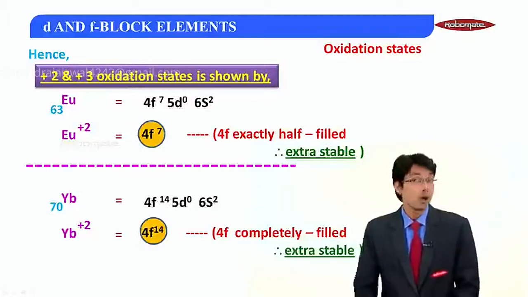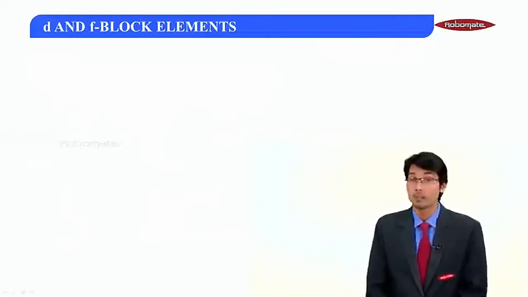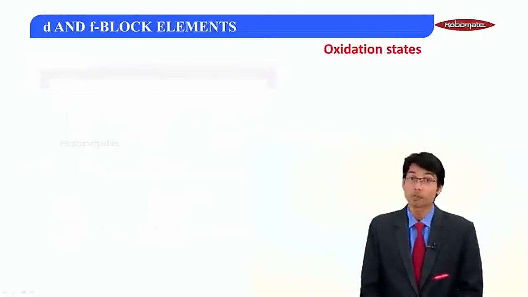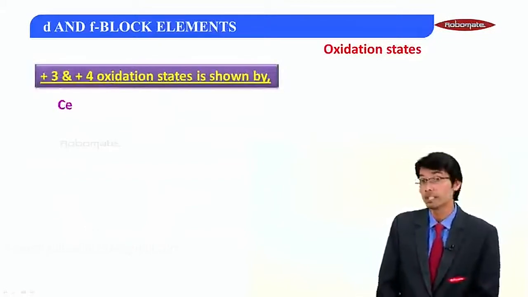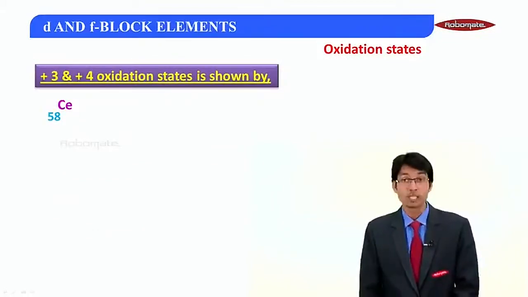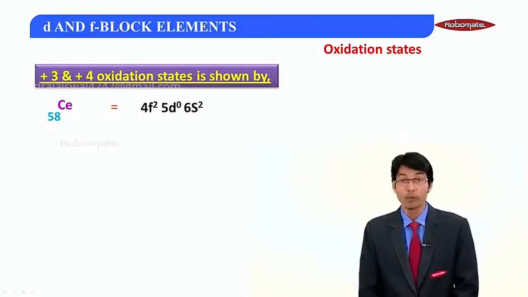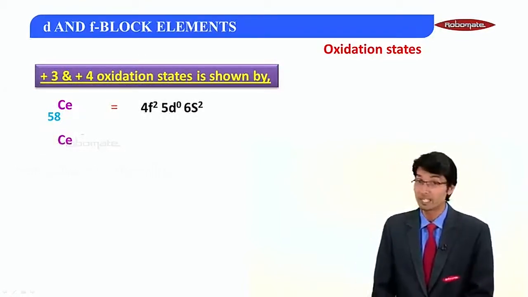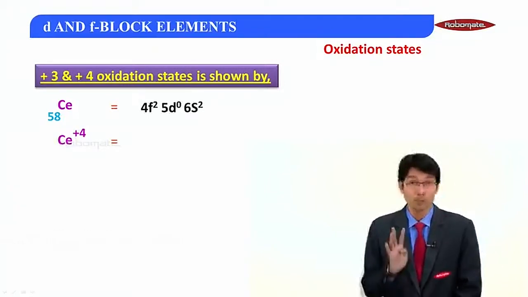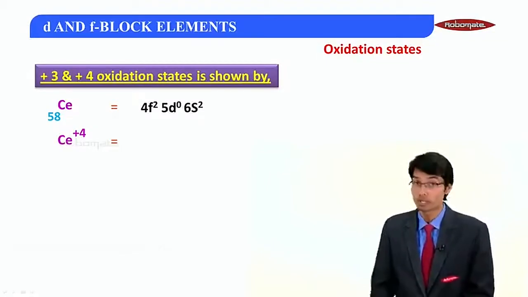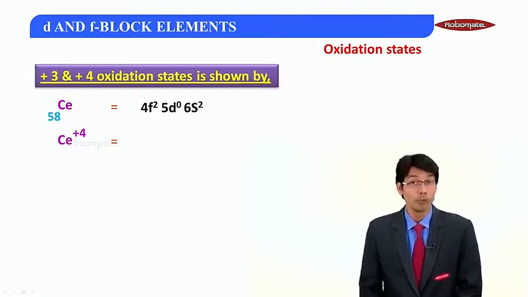Along with it, the elements which exhibit +3 as well as +4 oxidation state. The very first in the series is cerium, which is the first lanthanide. Cerium has a configuration of 4f2 5d0 6s2. If I write cerium 4+, there will be loss of 4 electrons, that is 2 from the 6s orbital and 2 from the 4f orbital.